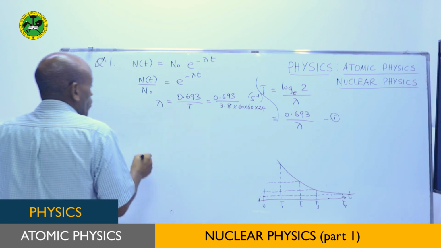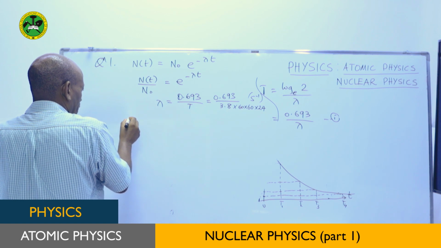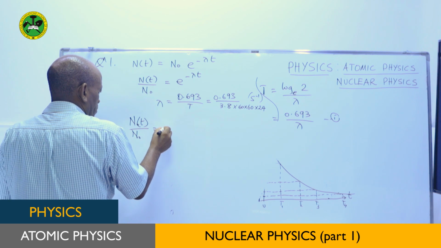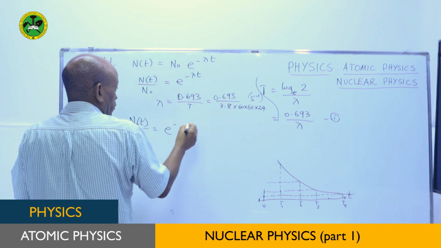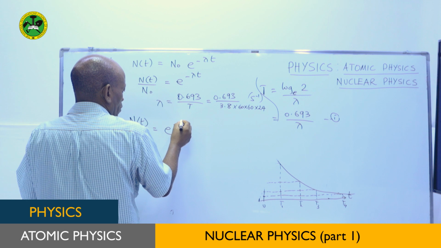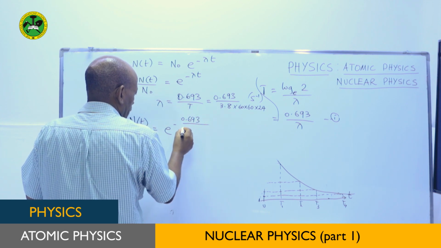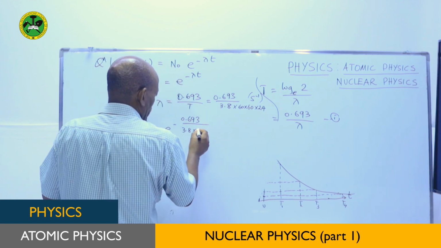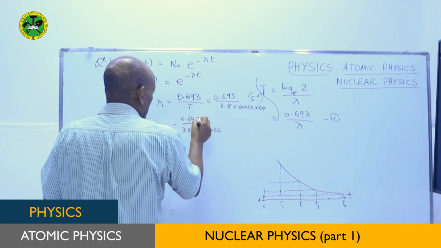And therefore, we can now compute and substitute it, so that Nt over N0 is equal to e to the power of minus lambda t. Now lambda is equal to this much, and t is the 20 days, so it will be 0.693 over 3.8 times 60 times 60 times 24, that is 3600 times 24, times t.